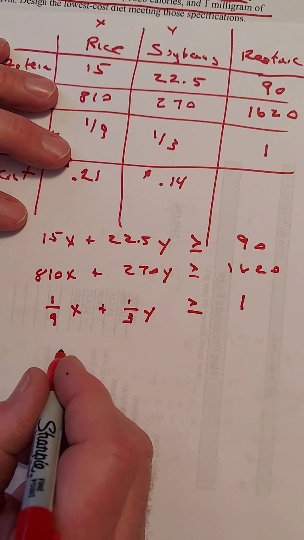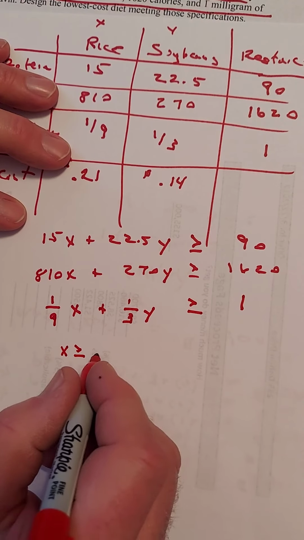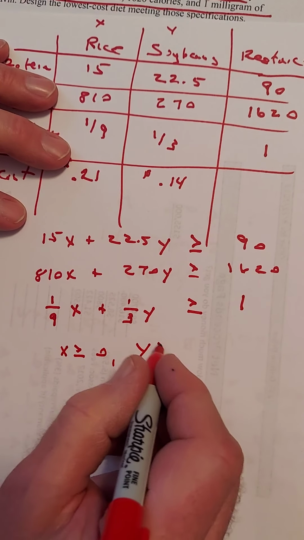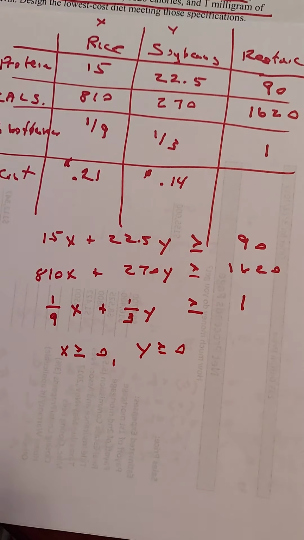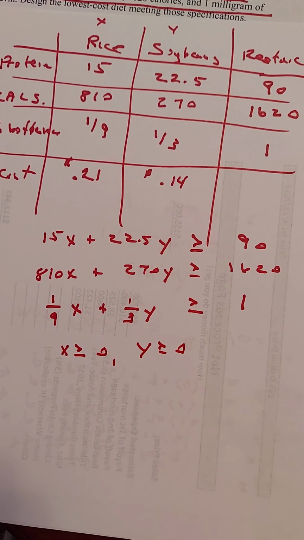Okay, and don't forget, you're always going to have x greater than or equal to 0 and y greater than or equal to 0. The problem would not make sense if you weren't taking something from each one of those. You would be talking about a negative amount. Okay. Now what?